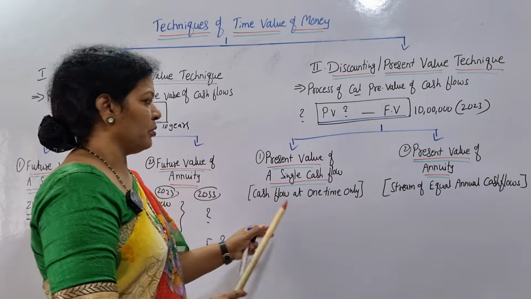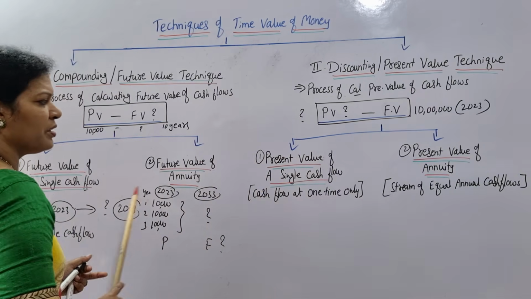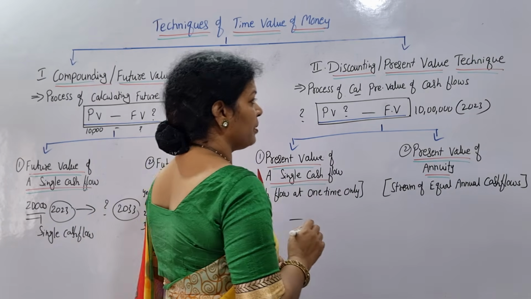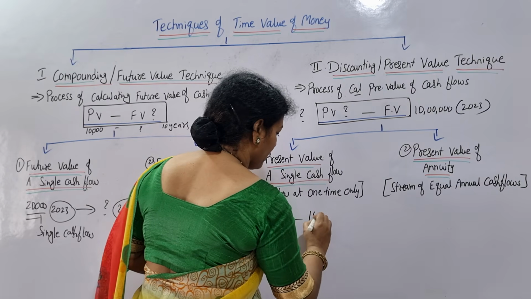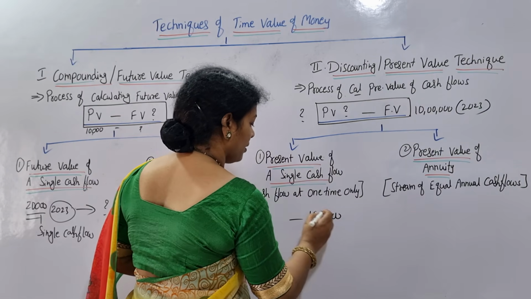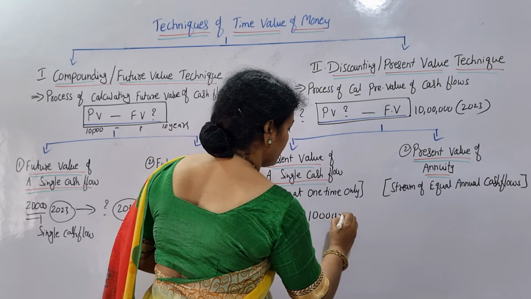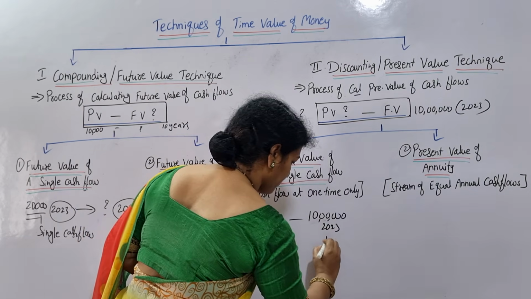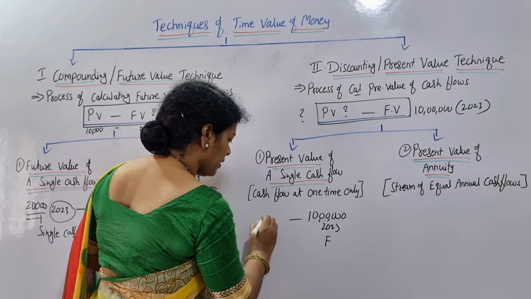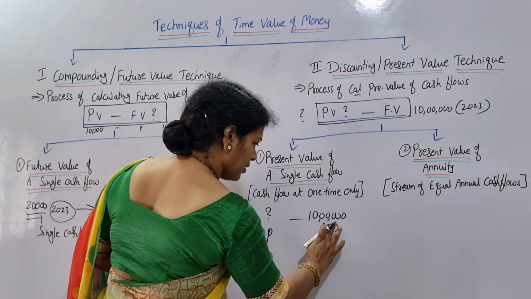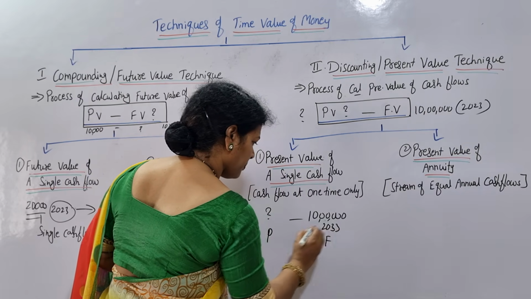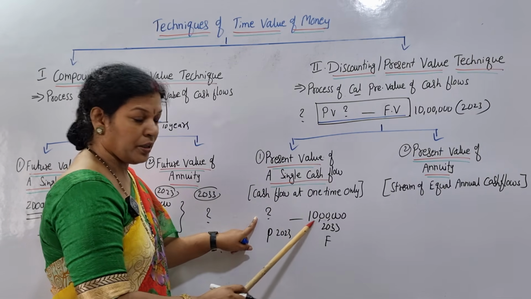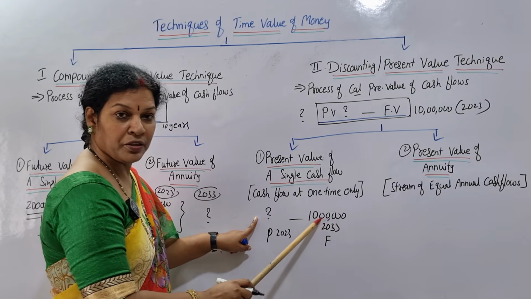Cash flow at one time only here also, same as there. Example: somebody says they are going to pay us 10 lakh rupees in 2023, which is the future.